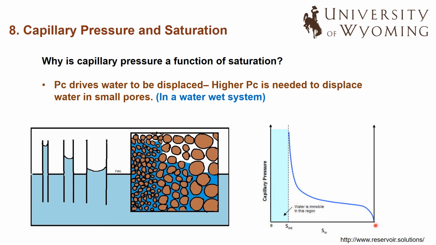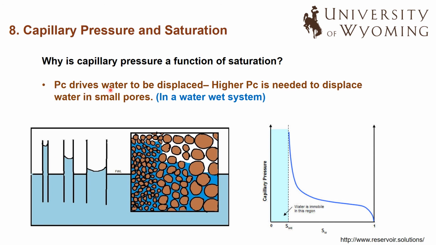When we have 100% water saturation, capillary pressure is 0, and then as the water saturation decreases and the air starts going into the pores, the capillary pressure starts increasing until air takes the water out of all the large pores, but now it can no longer remove water from the very small pores. So no matter how much the capillary pressure increases, we will not be able to go beyond this water saturation, which we call irreducible water saturation.